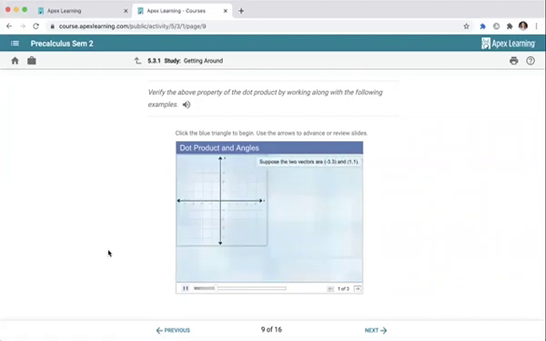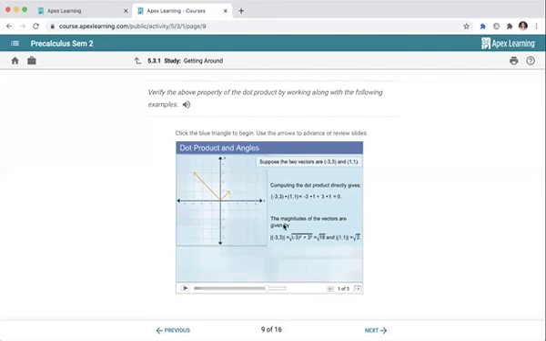We look at our two vectors, vector 1, vector 2. If we do the dot product, it gives us x times x plus y times y, and that gives us this value of 0 here.